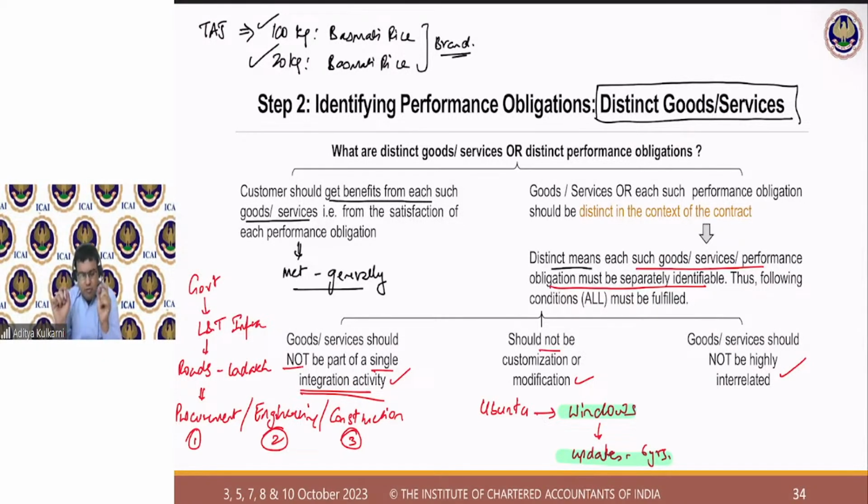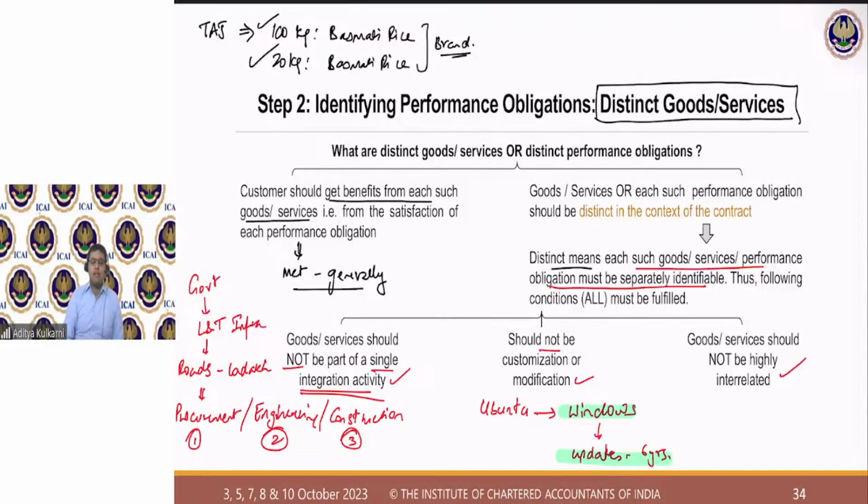Now those of you who said it is not distinct, because all that these updates are doing is enhancing your capabilities. It is a part of the same contract, though it is a different offering. You got a particular software initially. Now the additional offerings are getting attached to that.